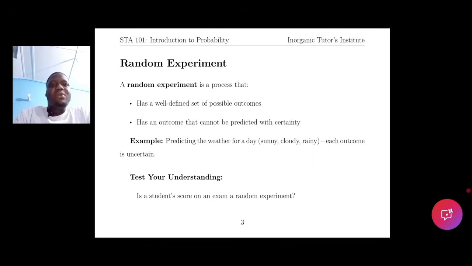So let's say a football match can produce 3 different outcomes. There might be a win for one team, a loss, or a draw. Because there are 3 outcomes to the game, we say this activity is an experiment. Or a student taking a test. He or she has the potential of scoring 3/20, 6/20, 19/20.